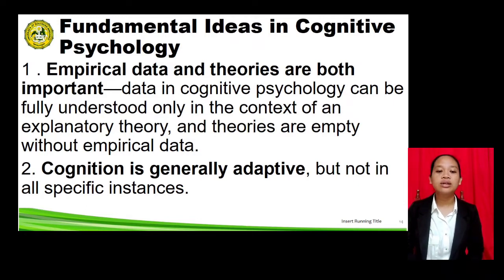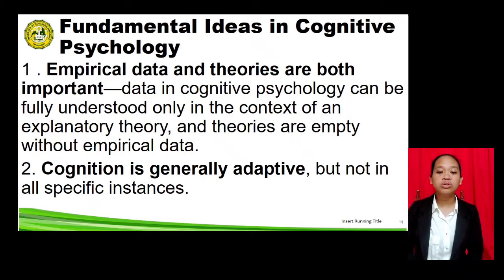And theories are empty without empirical data. So, ang theories ang nagbibigay ng meaning sa data. A theory without data is empty. An empirical generalization, in the absence of an underlying theory, does not provide an explanation.